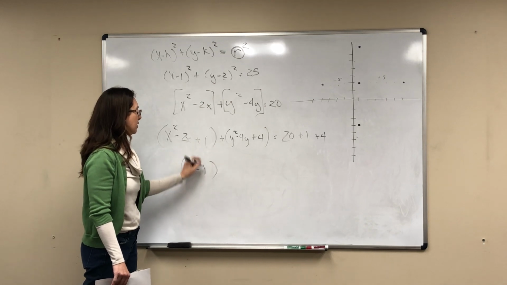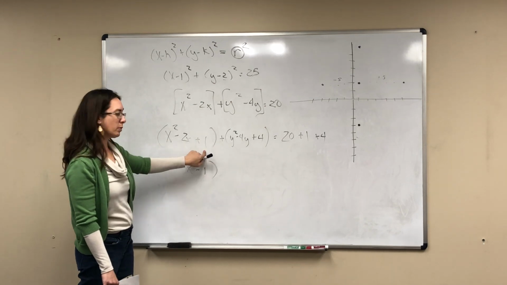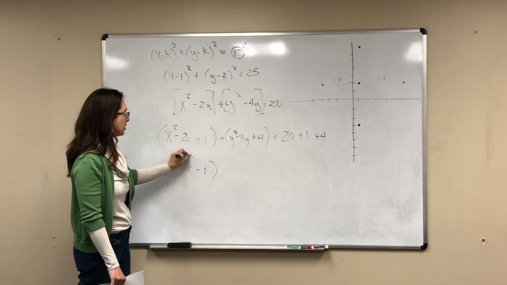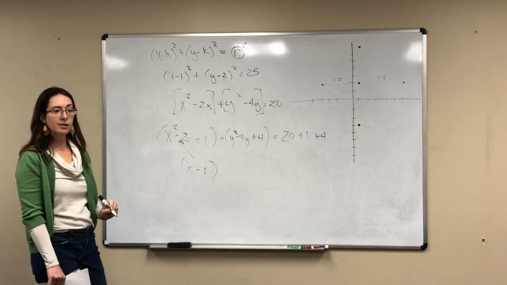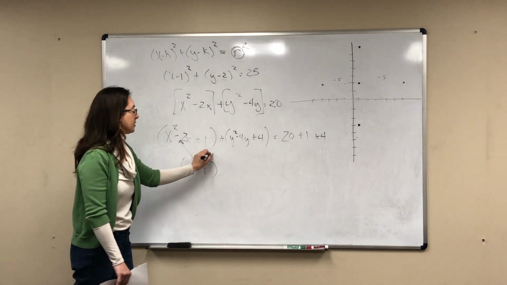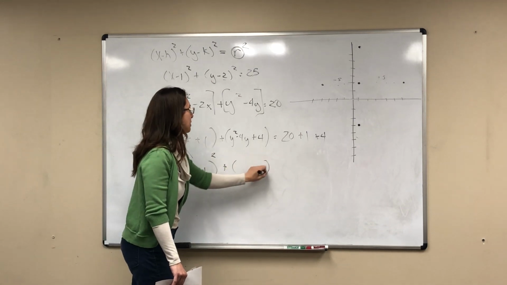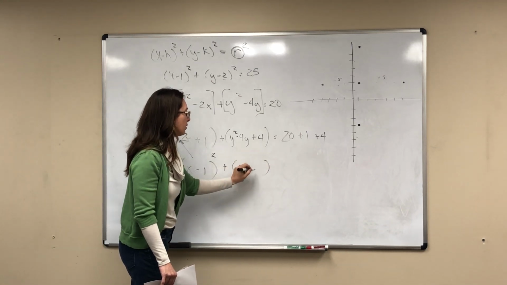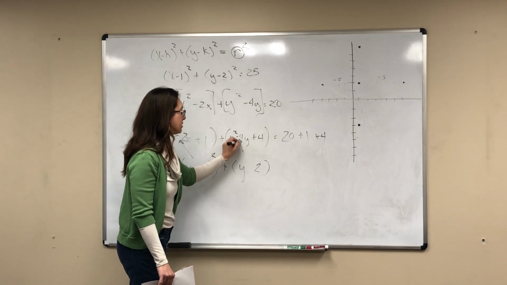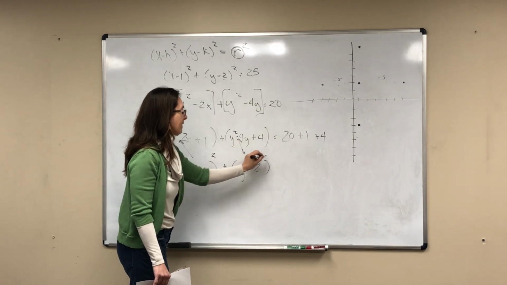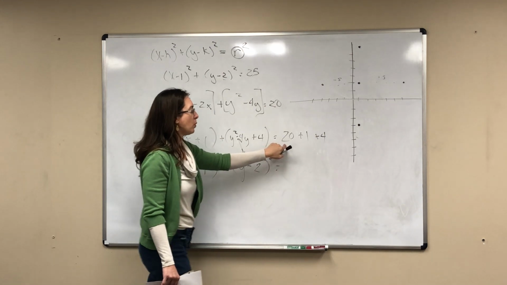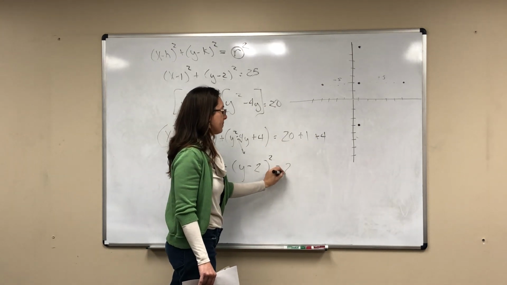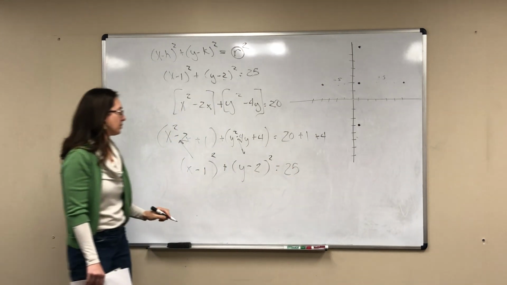X, the square root of x, square root of 1, and I use the middle sign, correct? Right. Same thing on this side, square root of y, square root of 4. I use the middle sign. Now 20 plus 1 plus 4. 25.